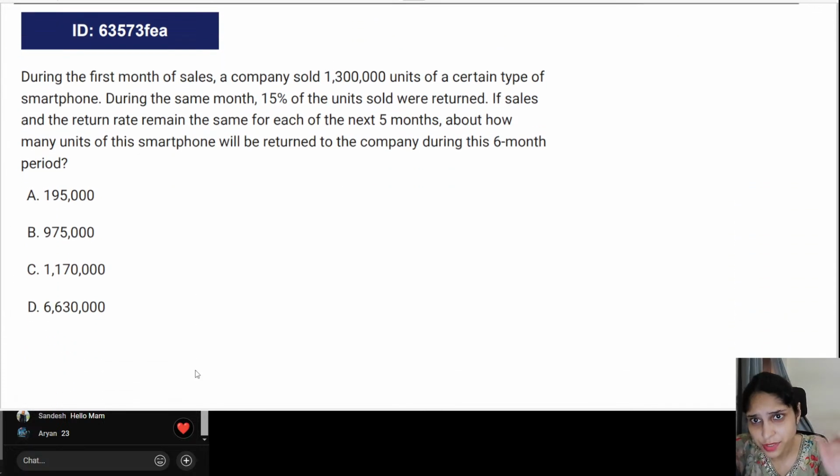During the first month of sales, a company sold 1,300,000 units of a certain type of smartphone. During the same month, 15% of the units sold were returned.